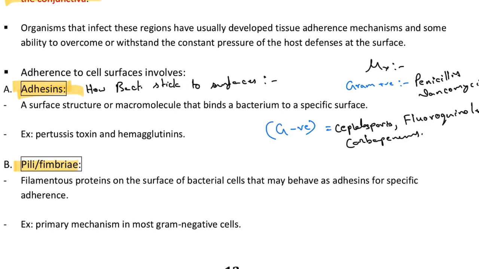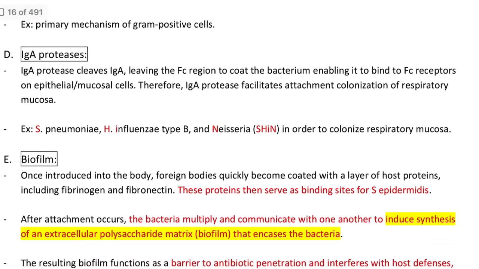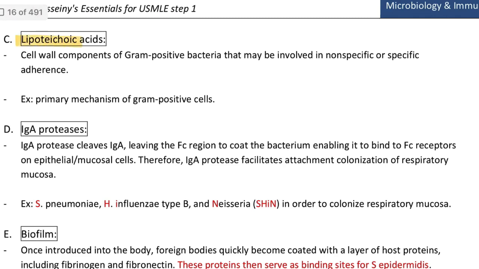Next we are going to see lipoteichoic acids. Lipoteichoic acids are mostly found in the cell wall of Gram-positive bacteria, and their role is in non-specific adherence, for example Streptococcus pyogenes. Then we can see IgA proteases, which are enzymes that cleave IgA antibodies.